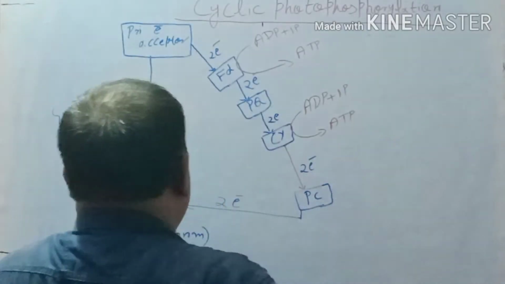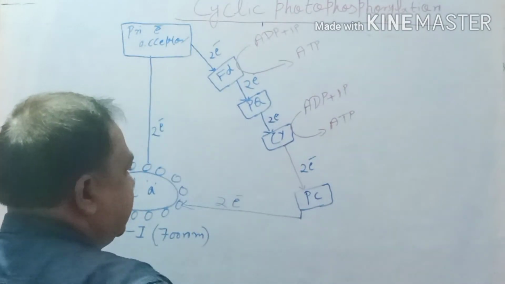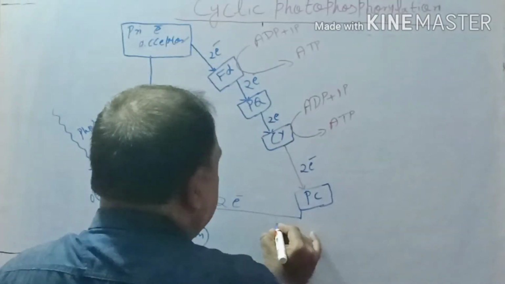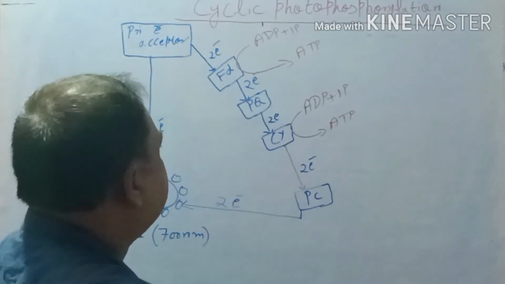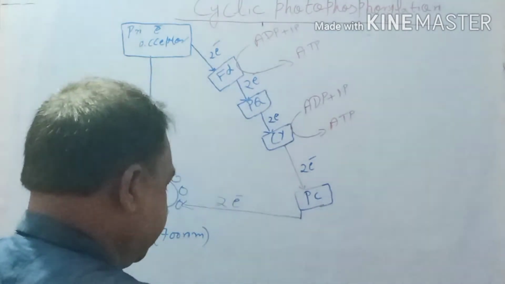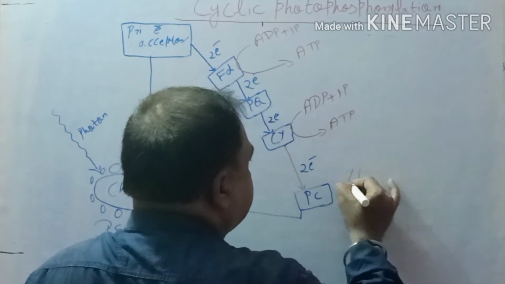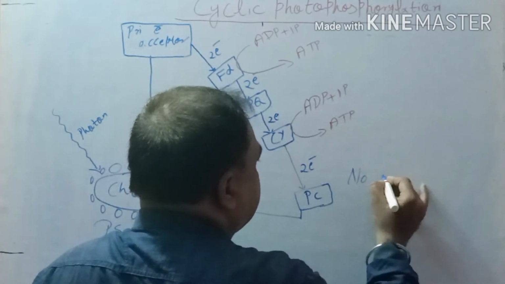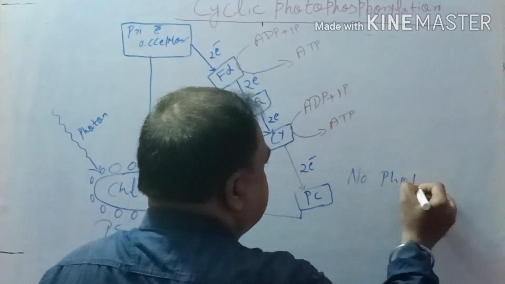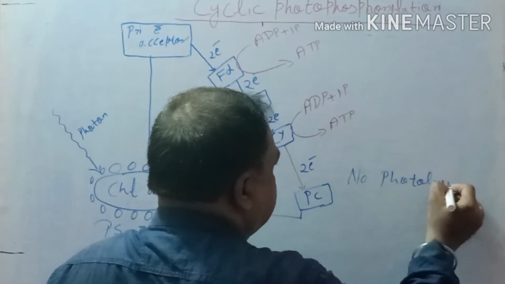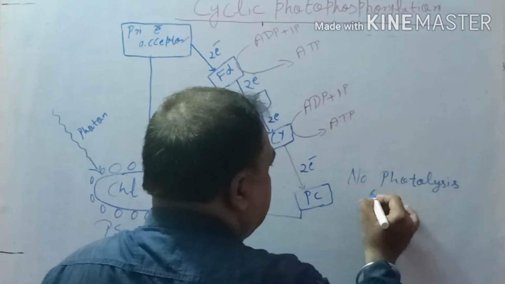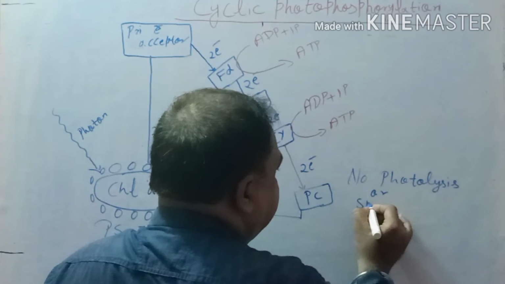Some questions also arise here. In cyclic photophosphorylation, there is no photolysis or splitting of water.